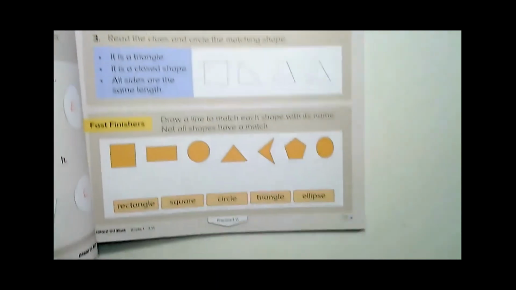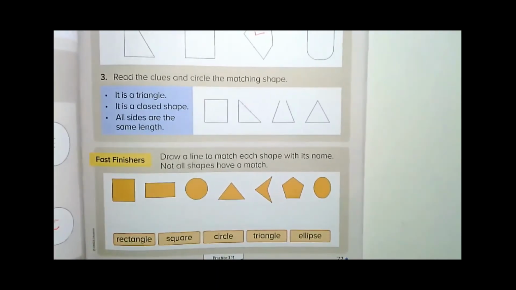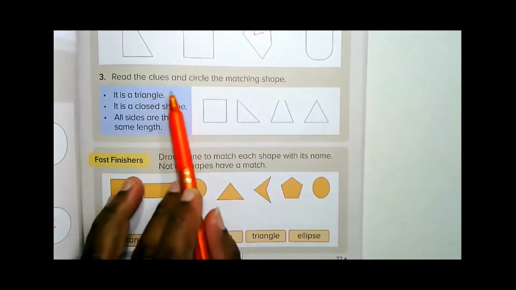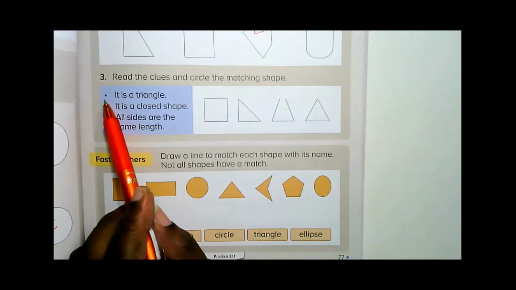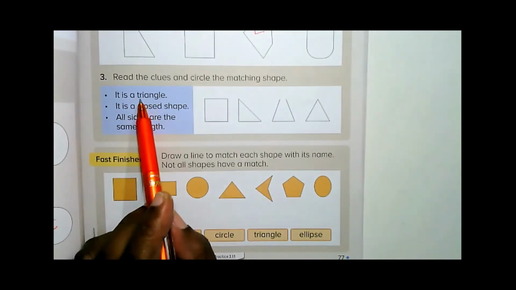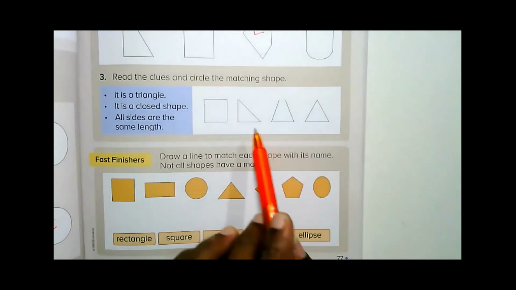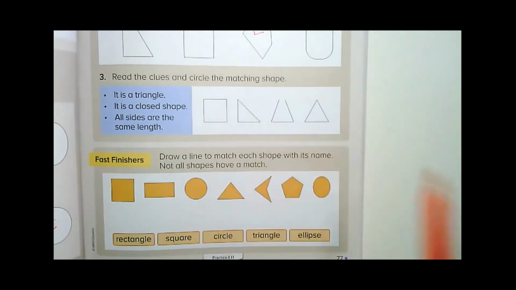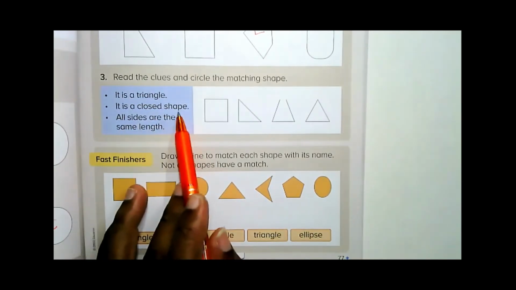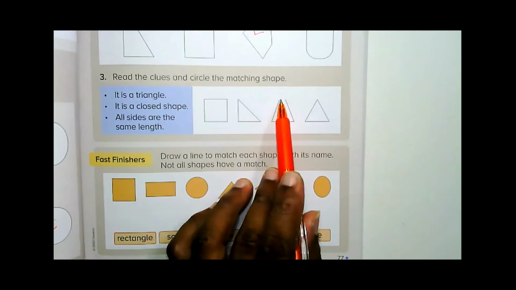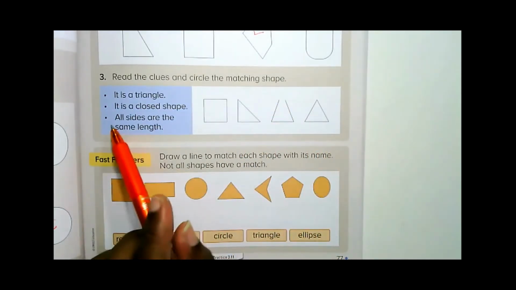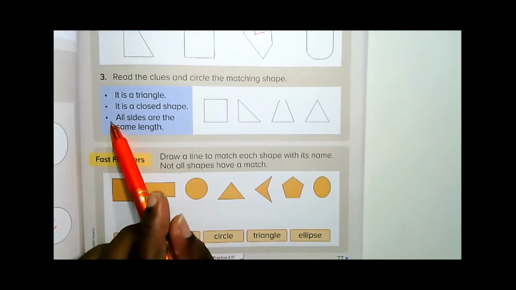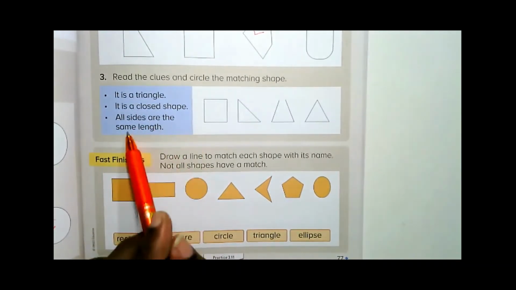Now let's go on to number 3. Read the clues and circle the matching shape. So these are the clues. It is a triangle. We have how many triangles? We have 1, 2. Then what else? It is a closed shape. This is not closed, so we have 1, 2 that are closed triangles. And the next one, all sides are the same length.